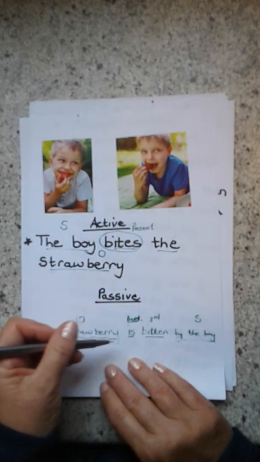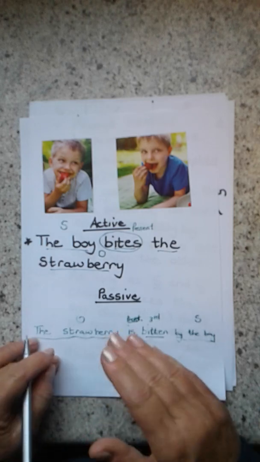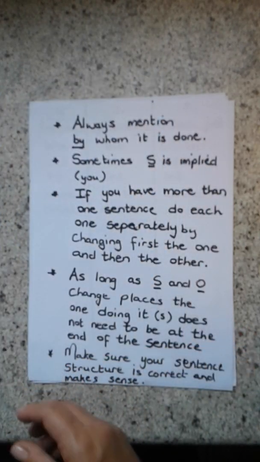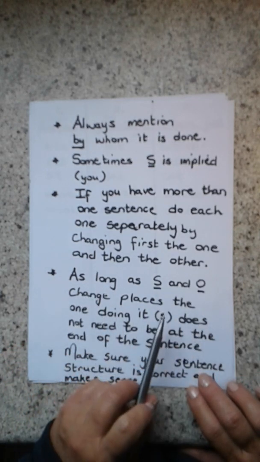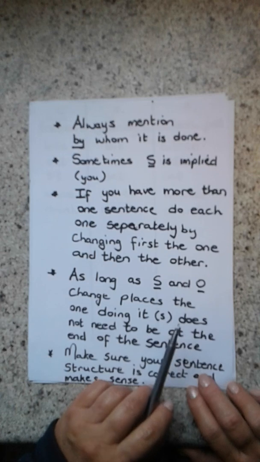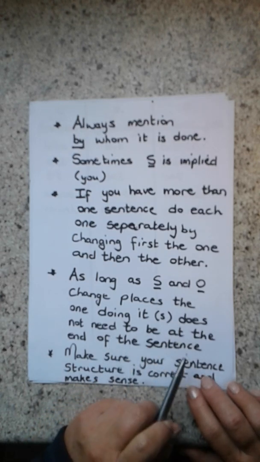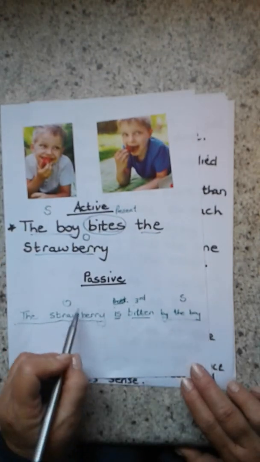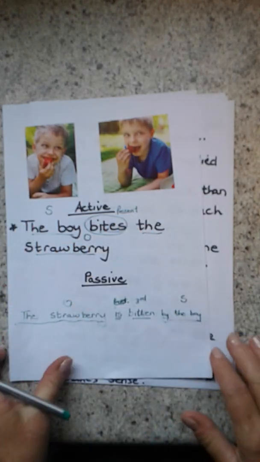And you go and change the first sentence, and then you have your conjunction, and then you go and change the second sentence. Right. Please just make sure that the subject and the object change places, and that the one doing it does not need to be at the end of the sentence, like I mentioned previously. They can stand next to each other as long as they change places.